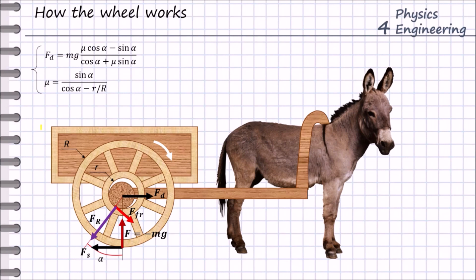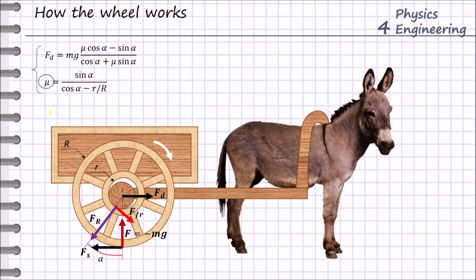Yeah, the solution is actually a little bit complex, because we need to take the angle from this equation and put it into equation number 1 for the driving force, because actually we are not interested in this angle. Yeah, it would be good to know this angle, but actually our final target is to find out the dependency between the driving force and the friction coefficient, and also the radiuses, but not the angles.